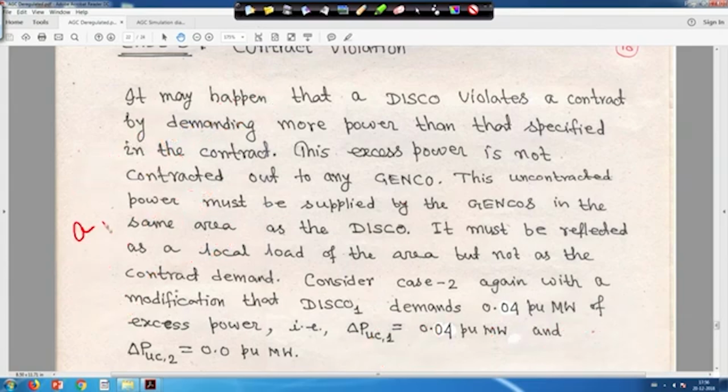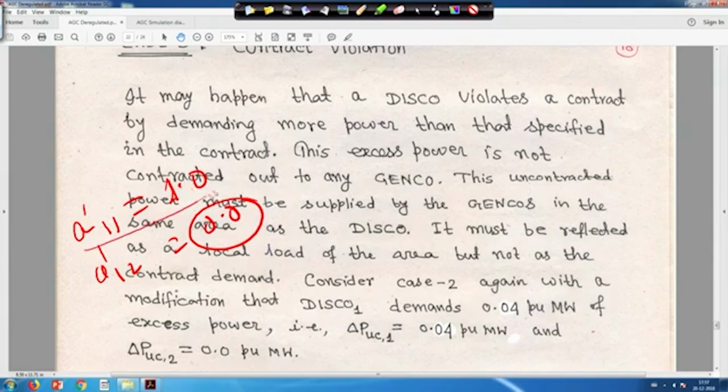Now, suppose I take A dash 11 equal to 1.0 and A dash 12 equal to 0.0, then in that case GENCO 2 will not share any uncontracted power demand, but GENCO 1 as it is 1, so it will be 1 into 0.04. So, GENCO 1 will generate that 0.04 per unit megawatt power, right.